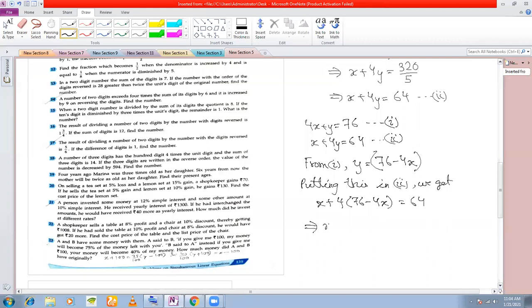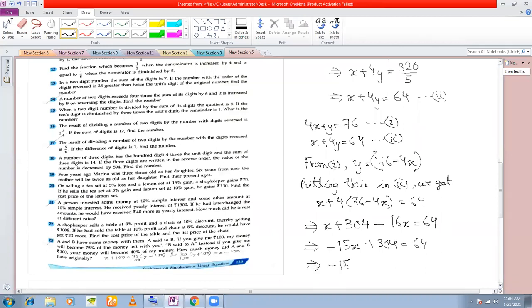76 into 4 is 280 plus 20, 304. So 304 minus 16x is equal to 64. So x minus 16x is minus 15x plus 304 is equal to 64.